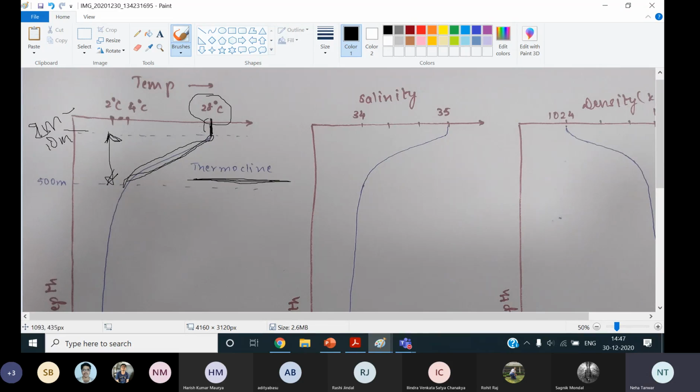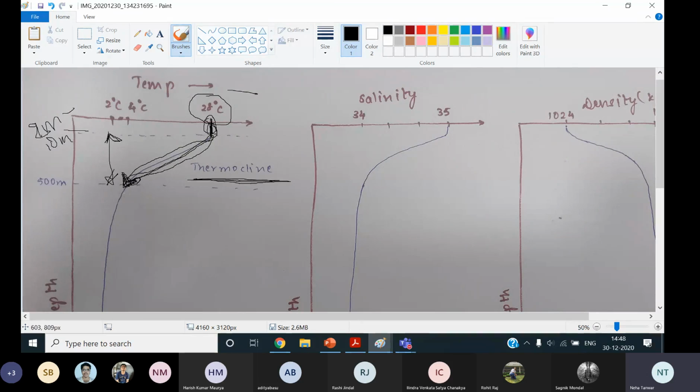The surface temperature is solely a function of the insolation, the amount of insolation that the surface layer is receiving. But the gradient here comes because of the wind action. The wind action causes the mixing of the ocean.